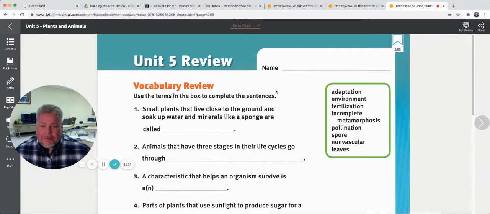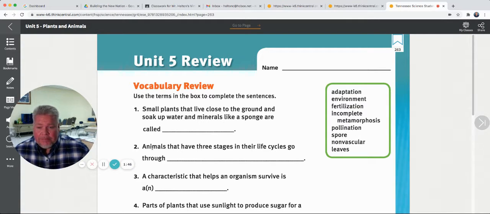Those are vascular plants. And the ones that grow close to the ground that are more like a sponge, they're non-vascular. They're more like a moss. They don't have leaves with little veins running through them. So those small plants that live close to the ground, that soak up water, are non-vascular.